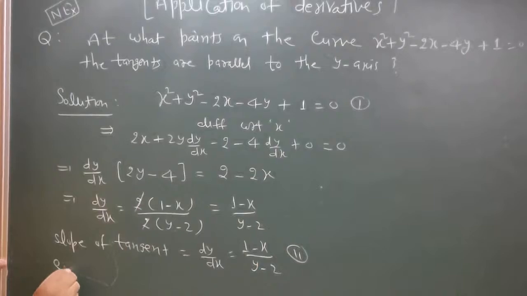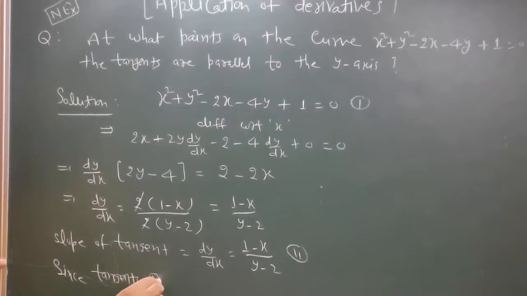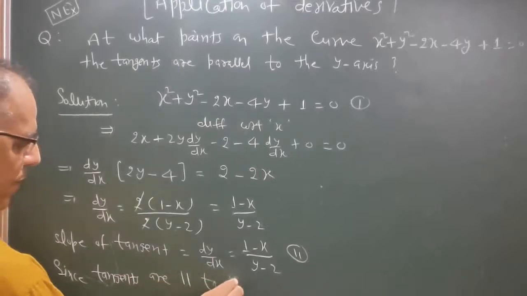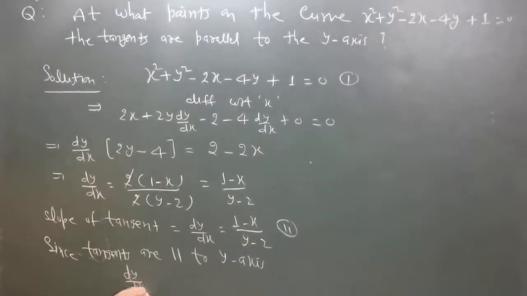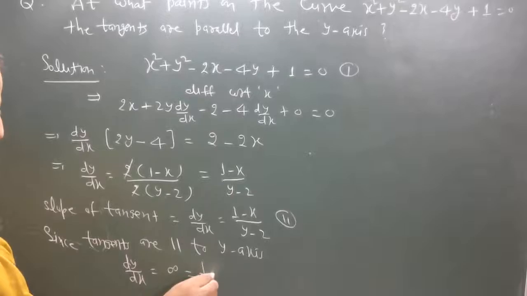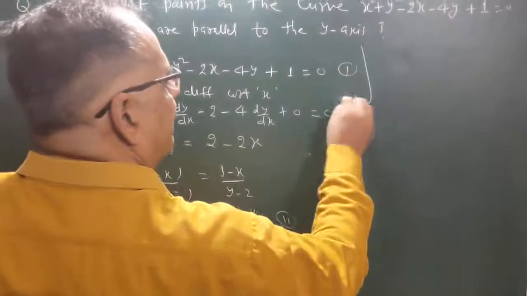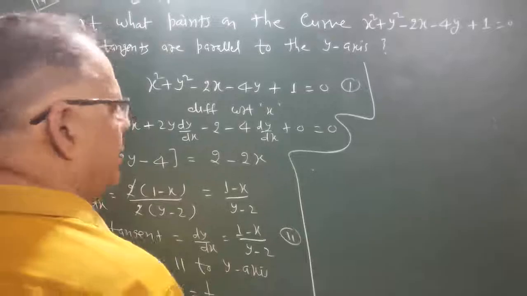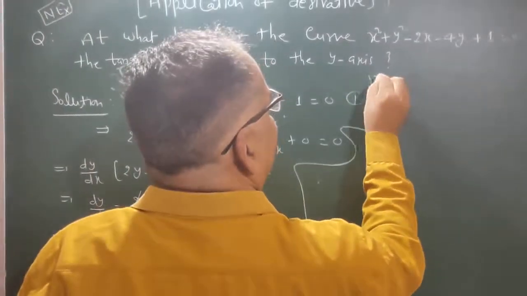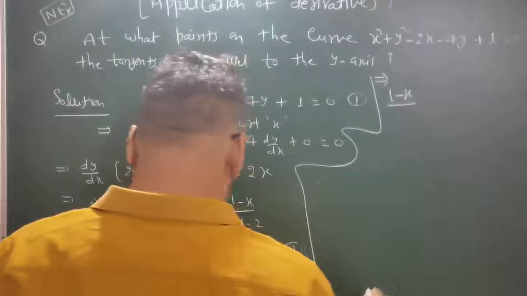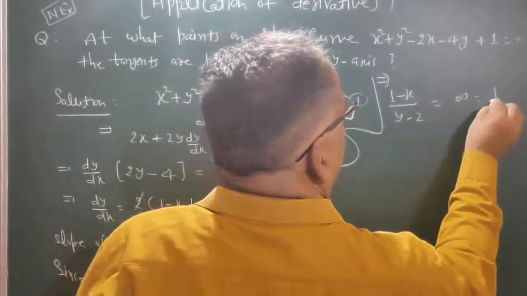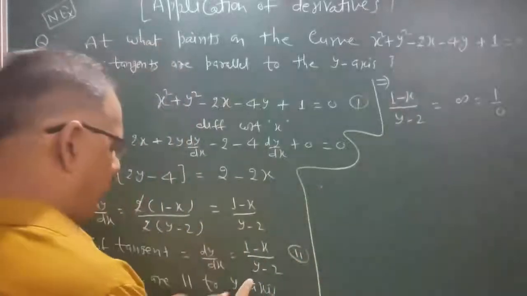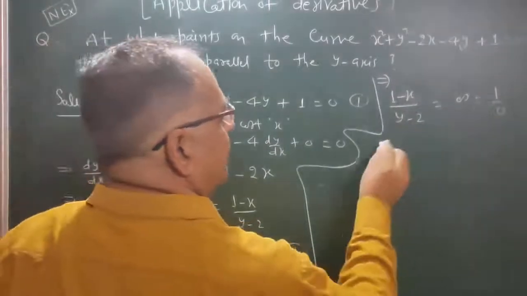Since the tangents are parallel to the y-axis, we know that dy/dx is equal to infinite, that means 1/0. So (1 - x)/(y - 2) is equal to infinite, that means 1/0.